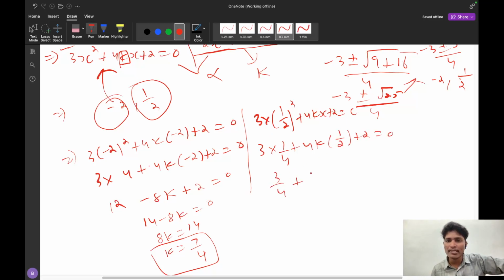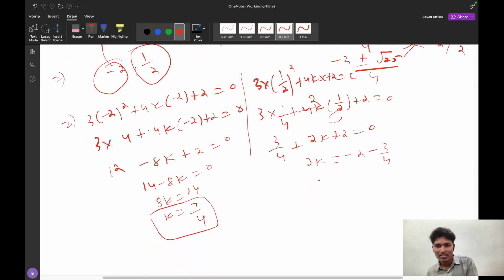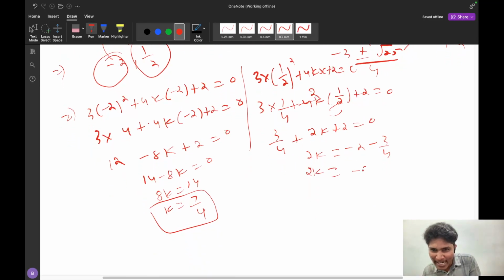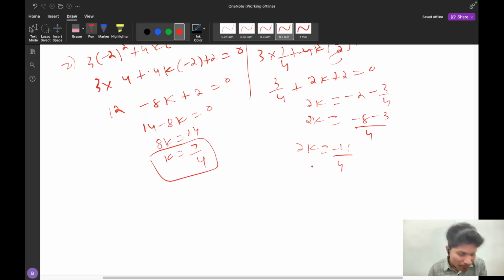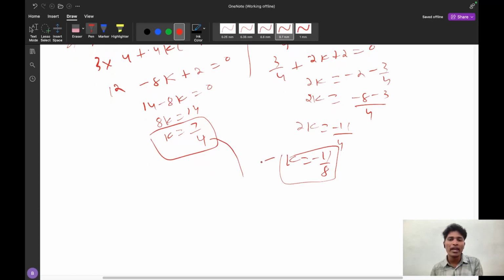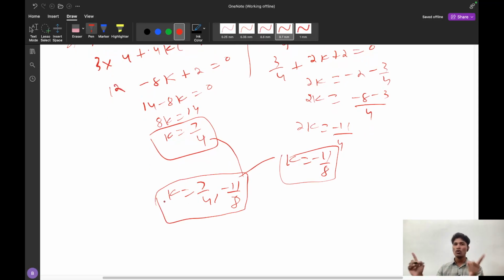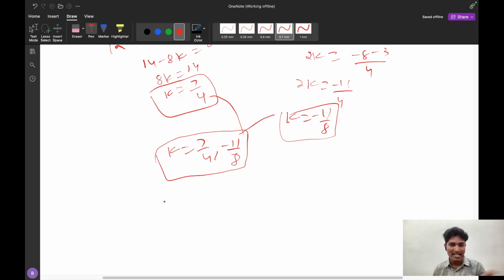So 3 by 4 plus 2k plus 2 equal to 0. 2k is equal to minus 2 minus 3 by 4. Taking LCM, 2k is equal to minus 8 minus 3 by 4, so 2k is equal to minus 11 by 4, and k is equal to minus 11 by 8. So I got two values of k, that is k equal to 7 by 4 and k equal to minus 11 by 8. For these two values of k, the equations will have exactly one common root.